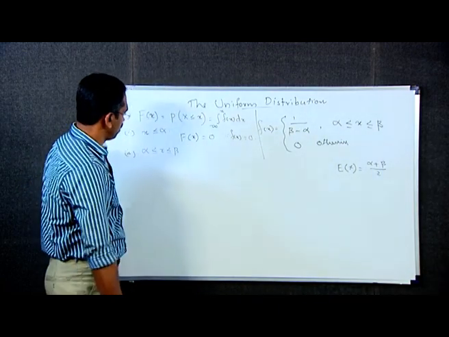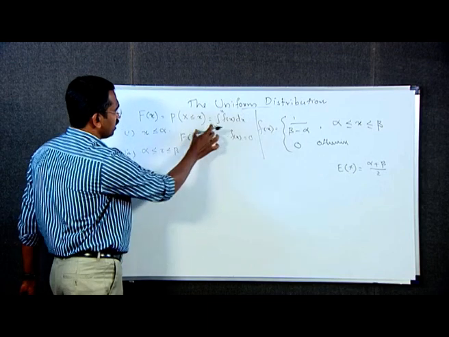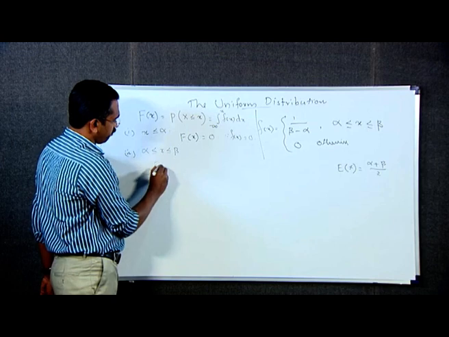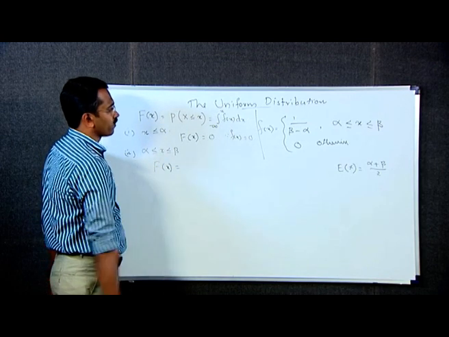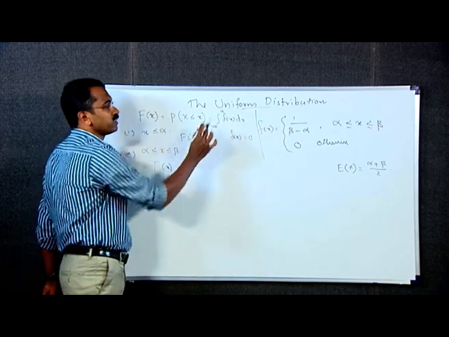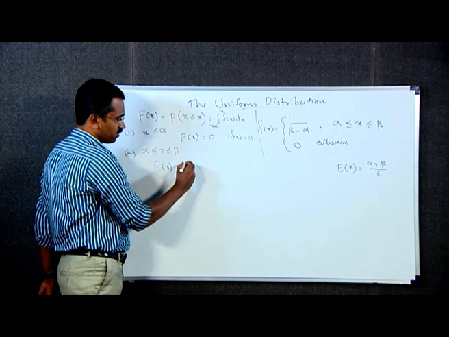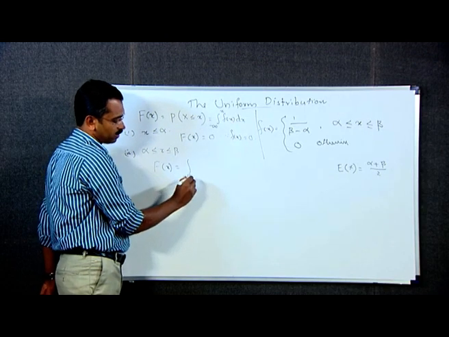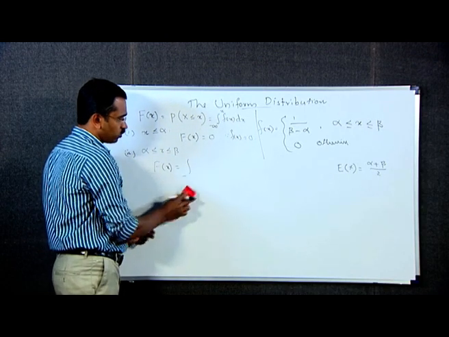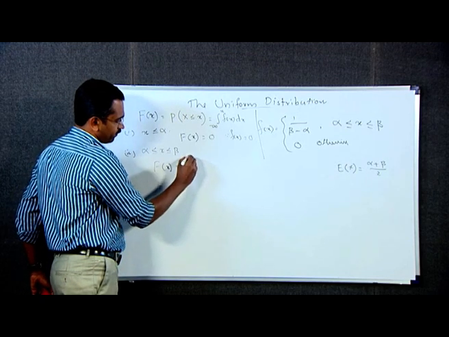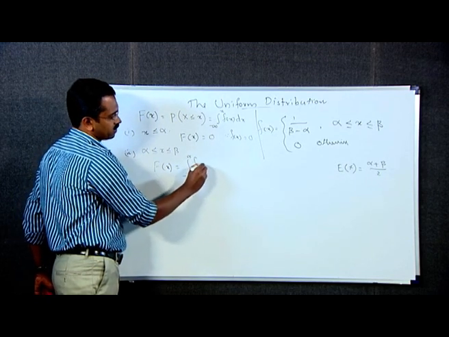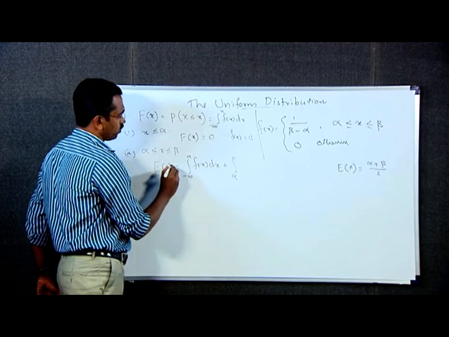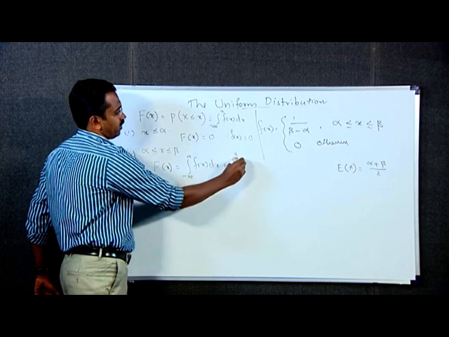Therefore, here by the definition of the cumulative distribution function, F of x is equal to integral from minus infinity to x f of x dx. We can write this integral as integral from minus infinity to alpha f of x dx plus integral from alpha to x f of x dx.